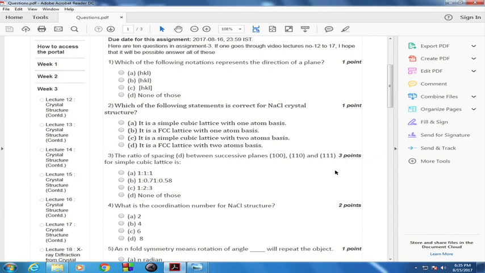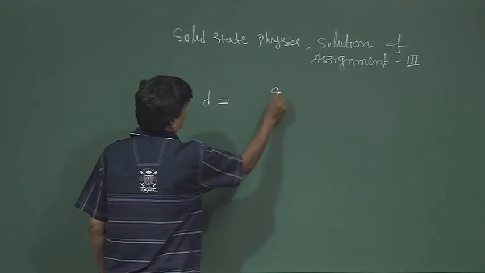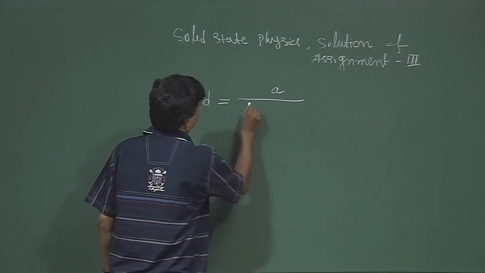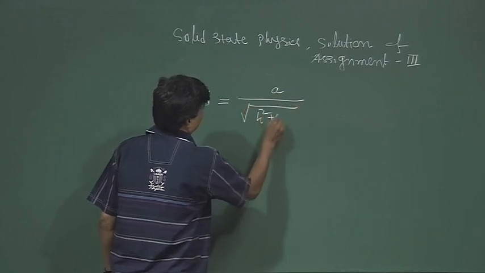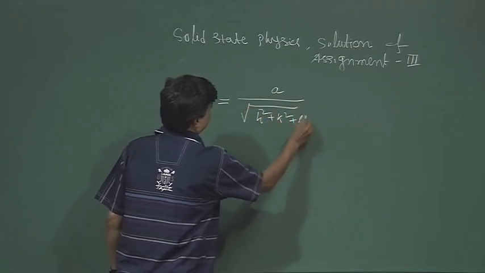Simple cubic means the parameters A, B, C are the same, and we know the well-known relation for the interplanar spacing D for simple cubic: a by root over of H square plus K square plus L square.